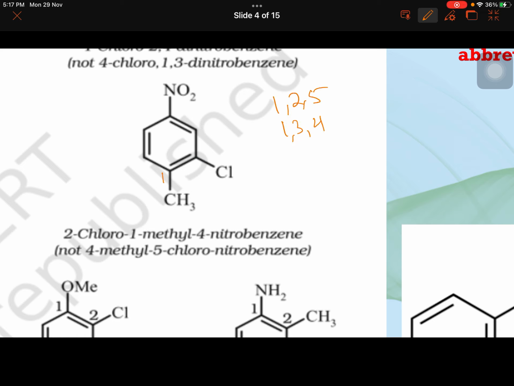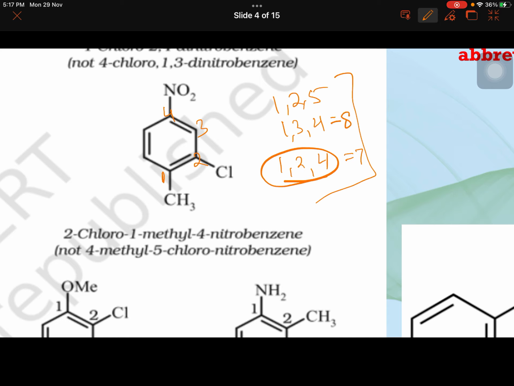Now we'll number from here 1, 2, 3, 4, because you can start from any carbon which is having the substituent and go clockwise or anti-clockwise anyhow. So it will be 1, 2 and 4. Now out of these, which is giving you the lowest sum? This one. It will be 7.